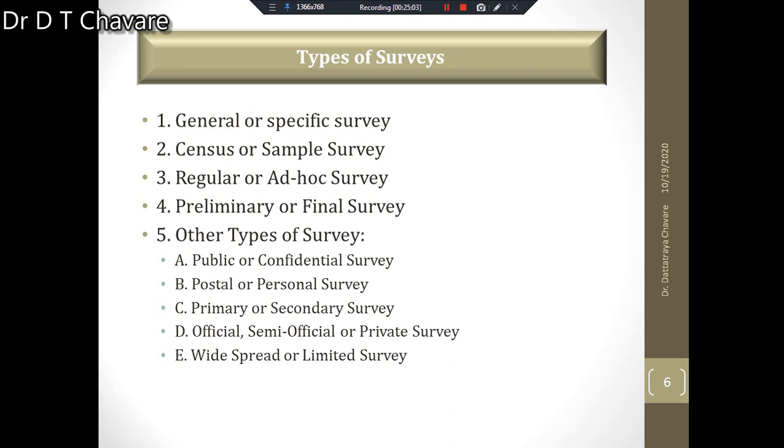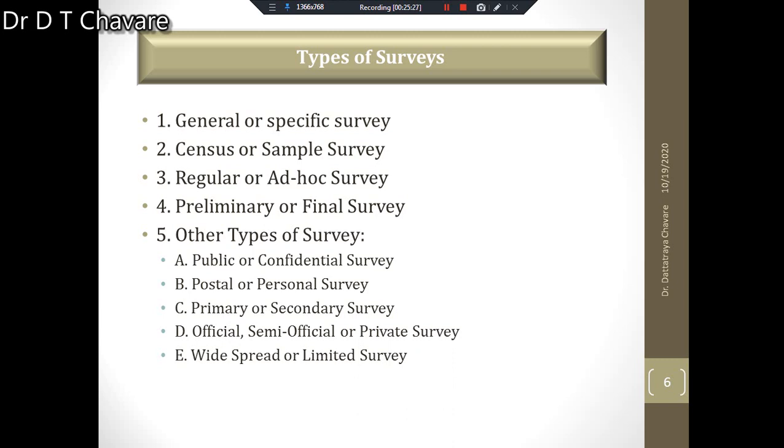Okay, how many types are there? There are 5 types. What are those 5 types? First, general or specific survey. Second, census or sample survey. Third, regular or ad hoc survey. Next, preliminary or final survey. And the last, other types of survey. And in those other types also, 5 types are included.